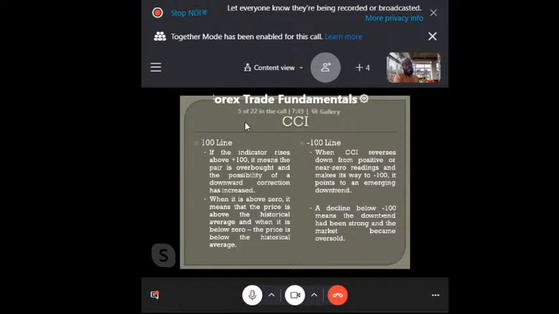When CCI reverses down from positive or near zero readings and makes its way to minus 100, it points to an emerging downtrend. A decline below minus 100 means the downtrend has been strong and the market became oversold.